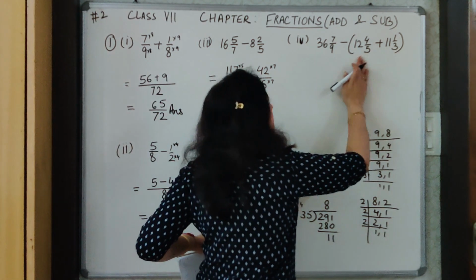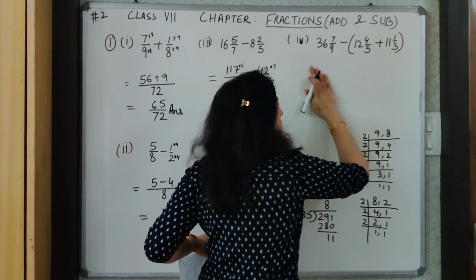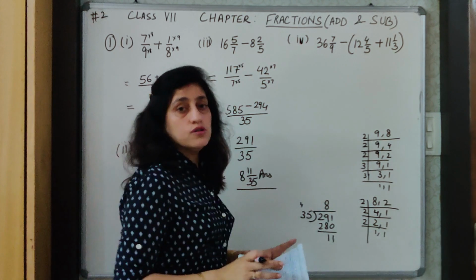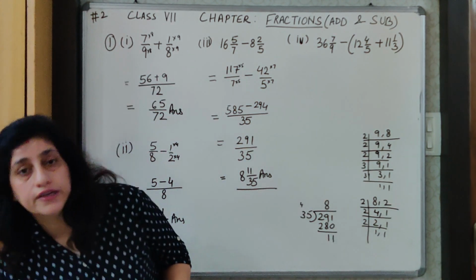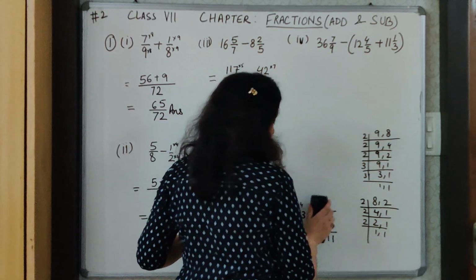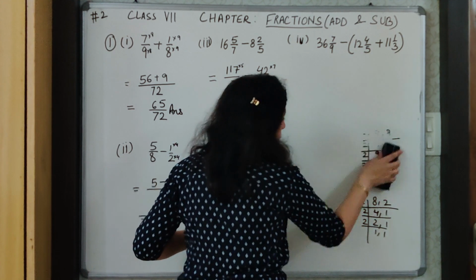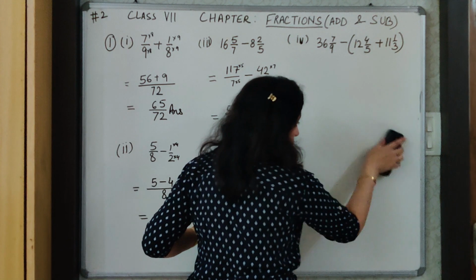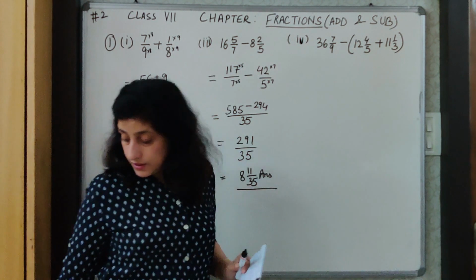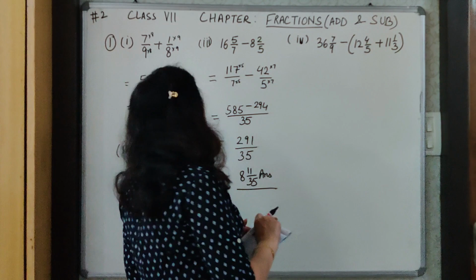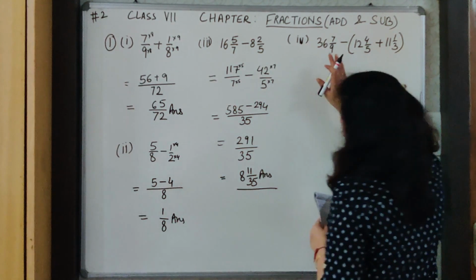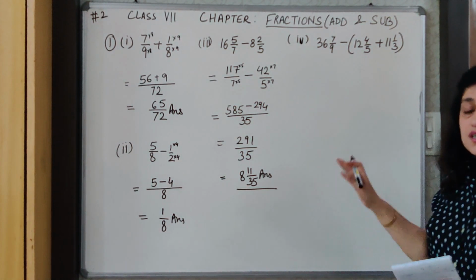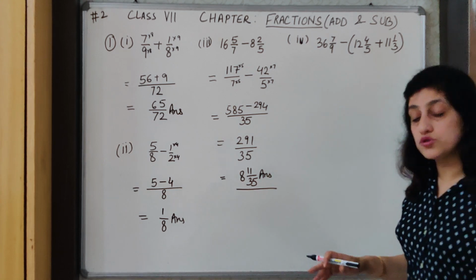Then we have a slightly more complex type of solution in which we have plus also, minus also. I have already told you that when we have to do such questions, we have to follow the BODMAS rule. So begin over here, first by converting the mixed fraction into improper fraction, and then follow the BODMAS rule to solve it.